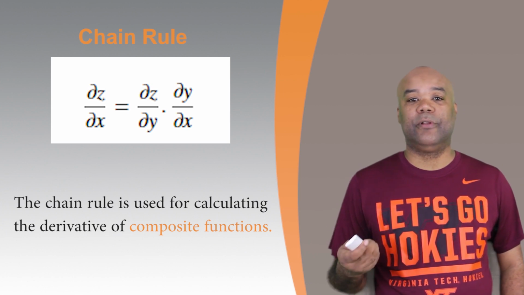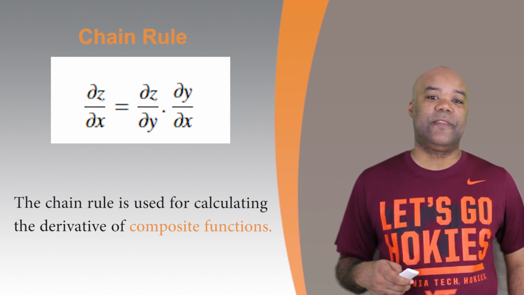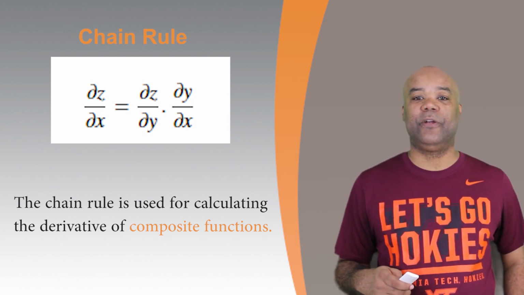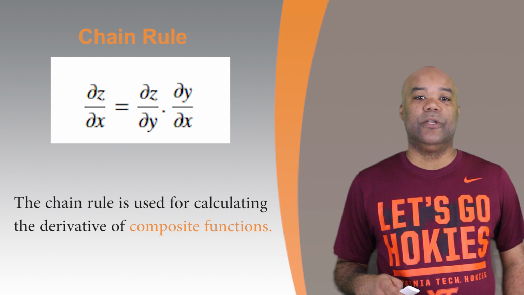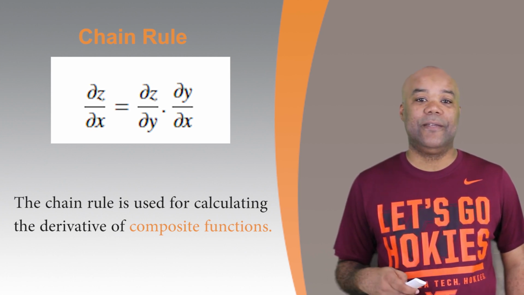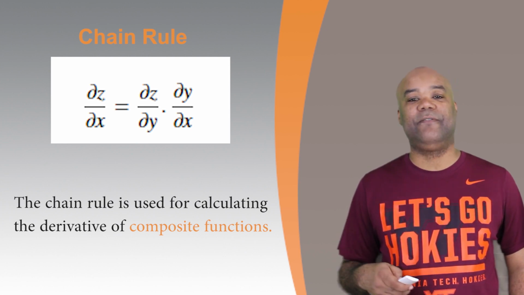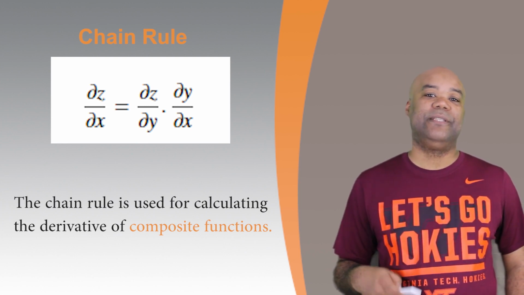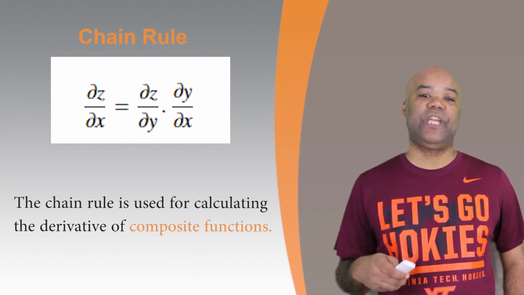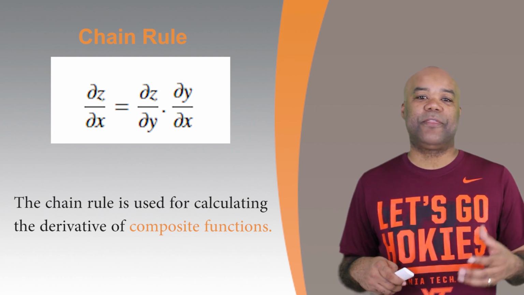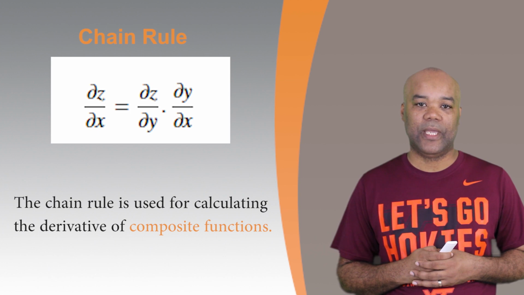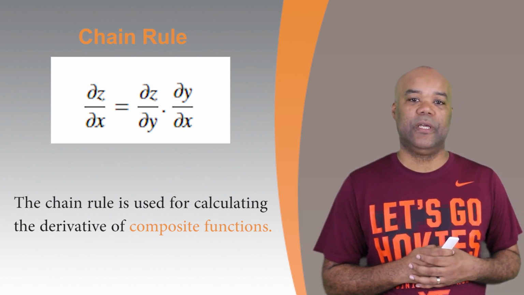If a variable z depends on the variable y, and that variable y depends on the variable x, so that y and z are dependent variables, then z, via the intermediate variable of y, depends on x also. This is called the chain rule, and it is mathematically written as you see on your screen here. Okay, that's the chain rule in calculus.